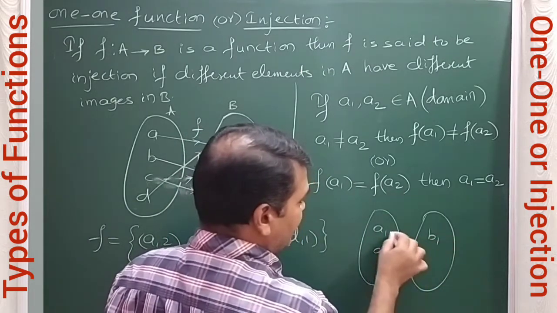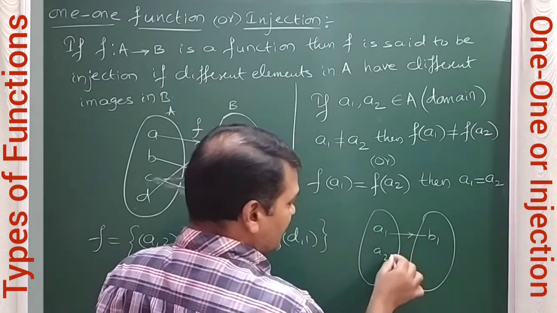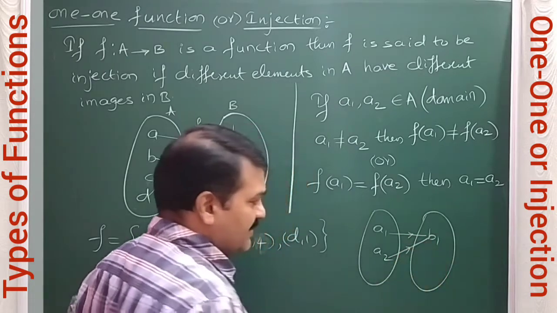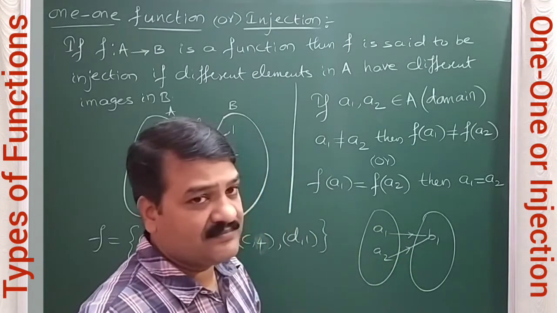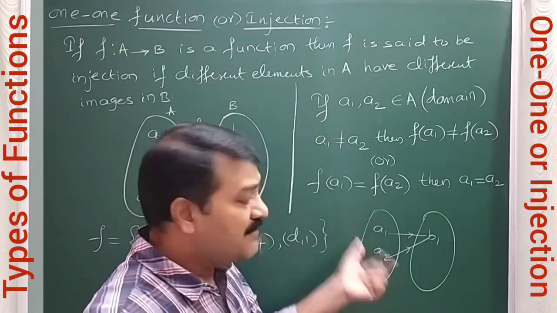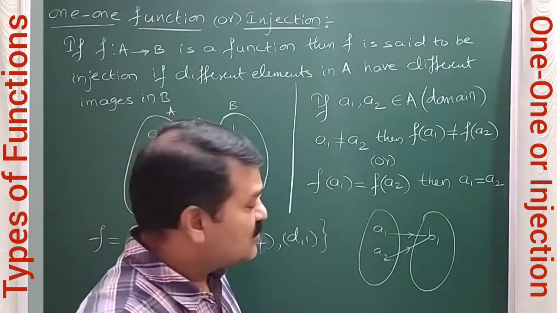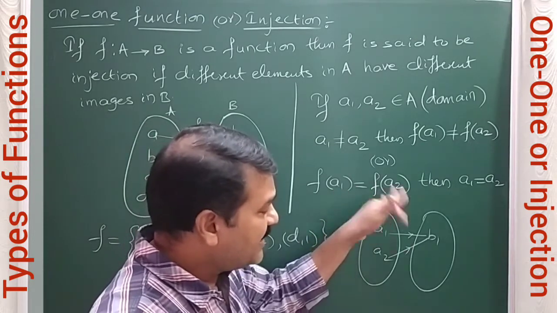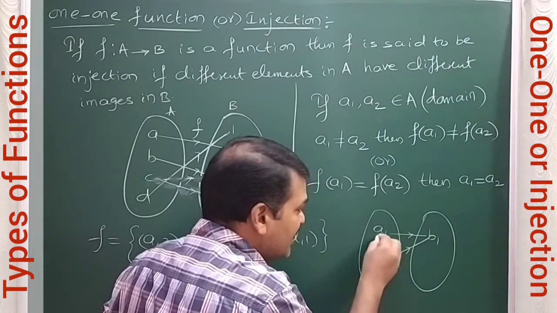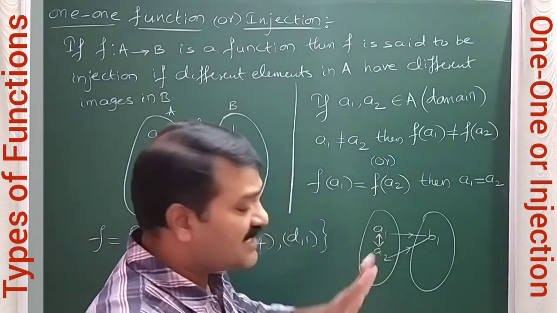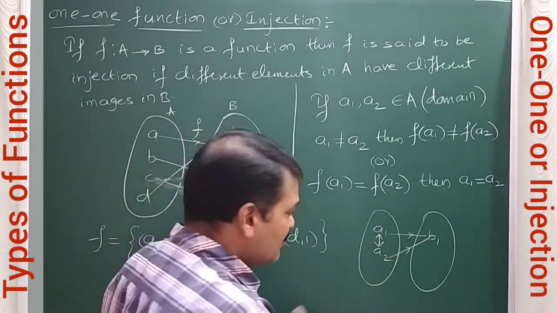For example, A1 is mapped to B1 and A2 is also mapped to B1, so the images of A1 and A2 are the same. But this cannot happen in one-one function. So whenever images are the same, you must take the elements also the same. Then these elements are not different; they are one and the same.